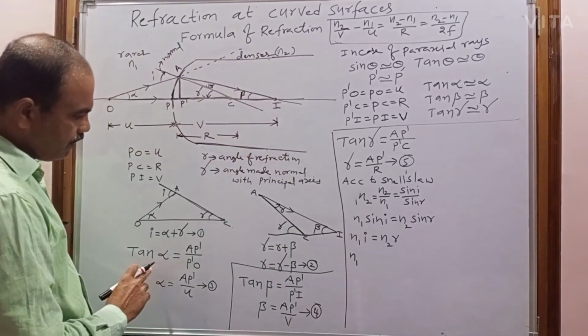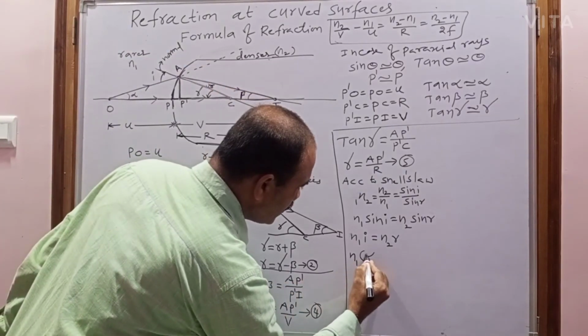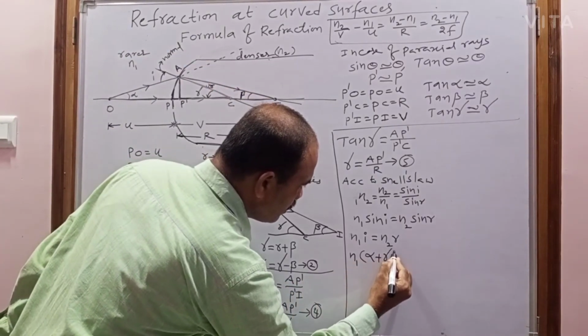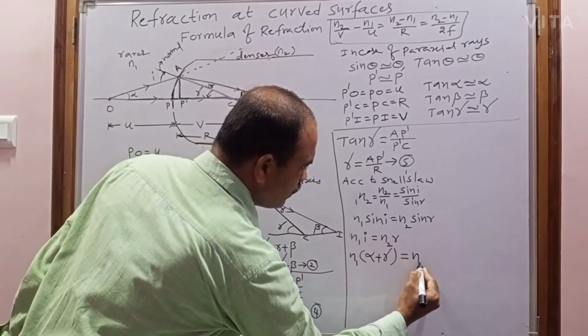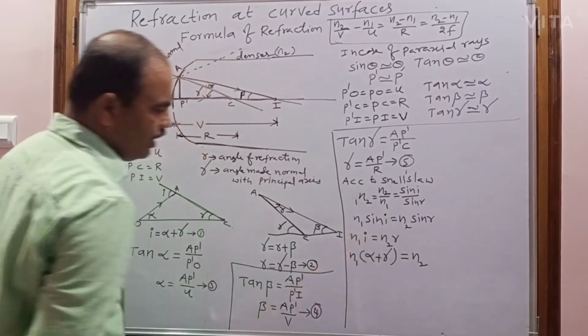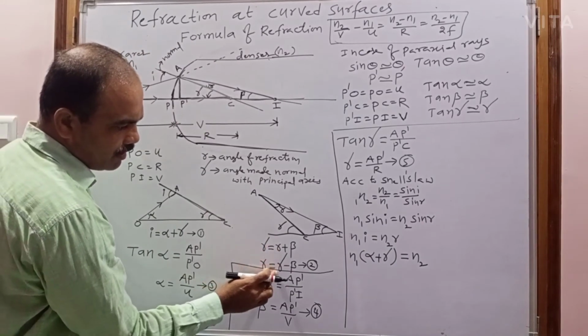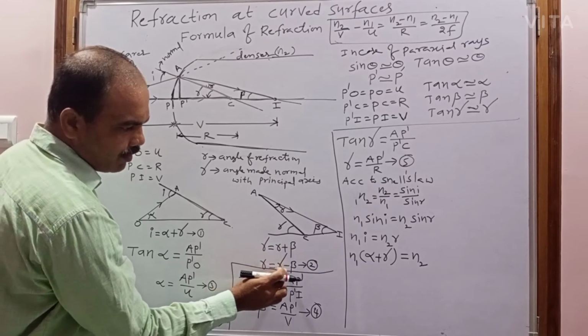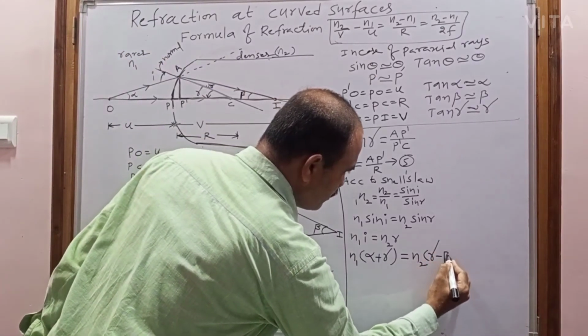From equation 1, I is nothing but alpha plus gamma. So N1 times alpha plus gamma equals N2 times R, and R is nothing but gamma minus beta from equation 2.